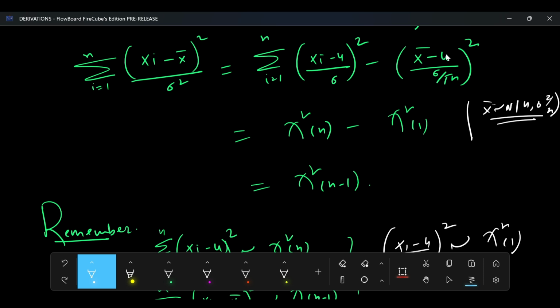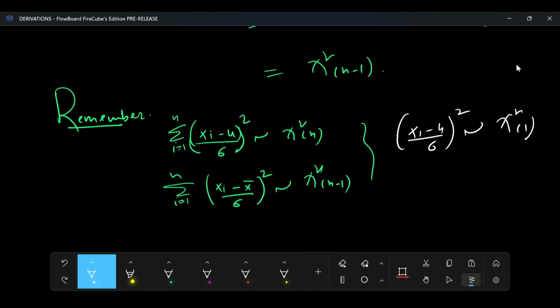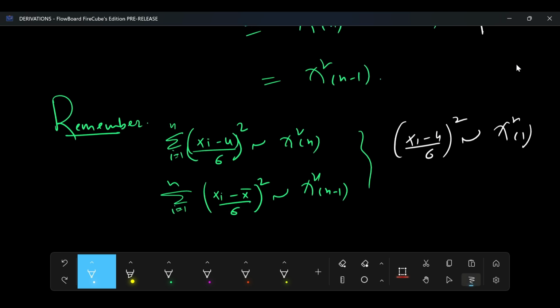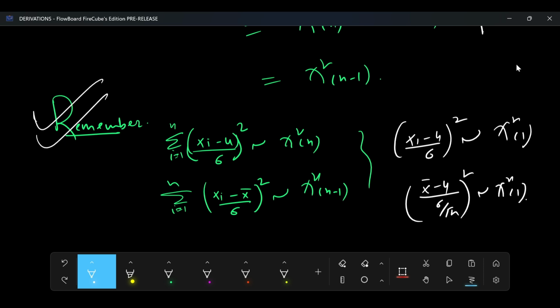If I take xi, then the standard deviation will be sigma and this will be sigma square. Again, this will also follow chi square 1. Clear? So you need to remember these three things. Very helpful, important.